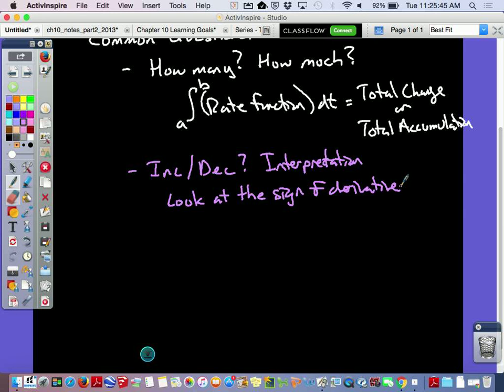Now, what can get confusing is that at times that derivative is actually already the rate function that's given to us, and sometimes we have to take the derivative of the rate function. So we have to read closely, and hopefully after we do some examples that will make a little more sense. But if our derivative is greater than 0, that's going to imply that our function is increasing.